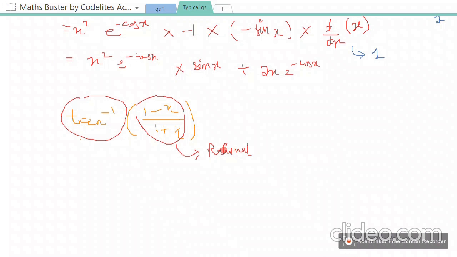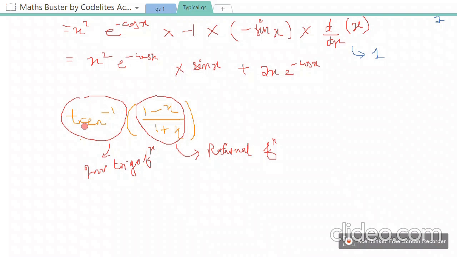We need to understand how many functions we have. Now what is getting applied on what, or what acts as input for what? Obviously 1 minus x upon 1 plus x is your input for this tan inverse. So the main function will be tan inverse.